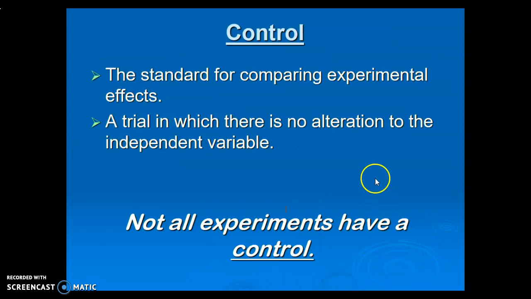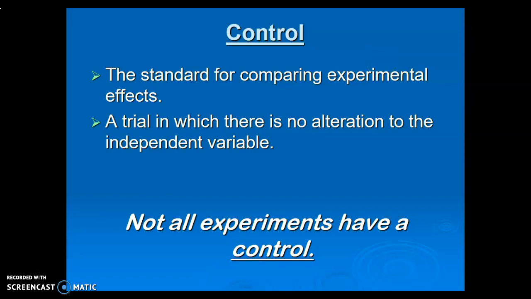And then we have our control. It's important that you know that the control is the standard for comparing experimental effects. So what that means is we're going to have something that is normal and unchanged that we can compare the things we changed to. So no changes have been made, no alteration has been made to the independent variable.